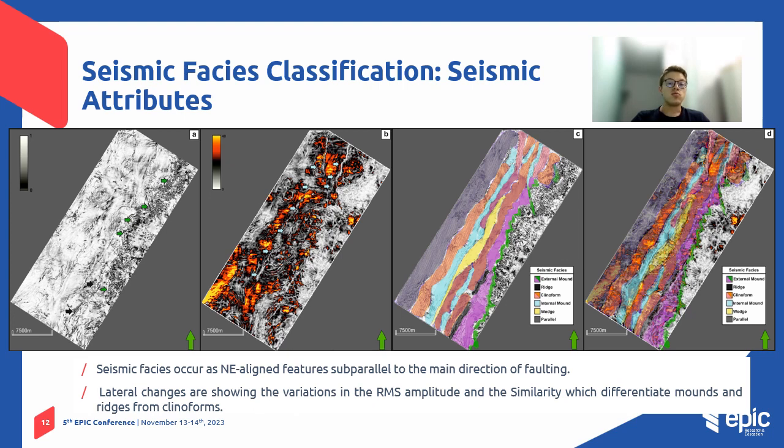The internal mounds are characterized by the blue color, in this case related to the faults, and the wedge and the parallel or distal seismic facies that are related to the yellow and the gray color.